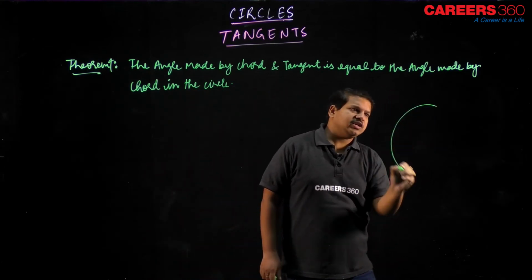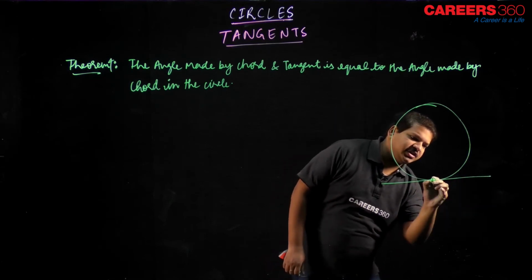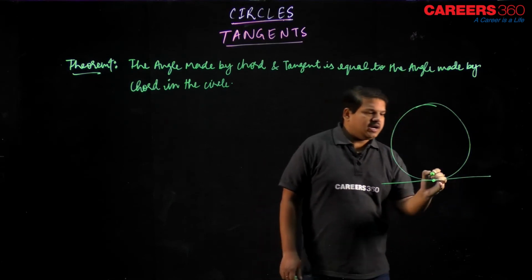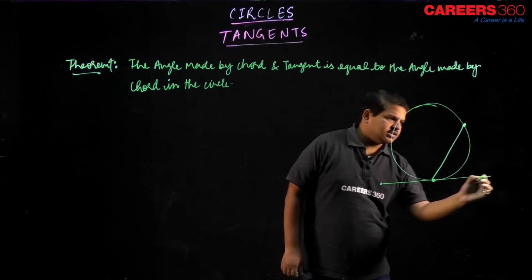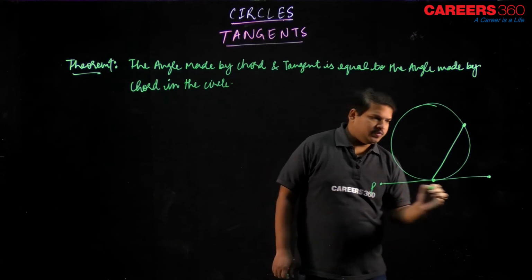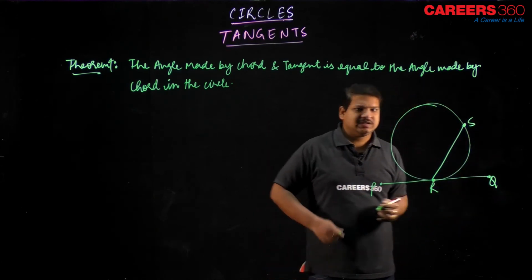So what it is trying to say, let's understand. For example, this is a tangent right here, and this right here is a chord. So this is my PQ and this is my RS.